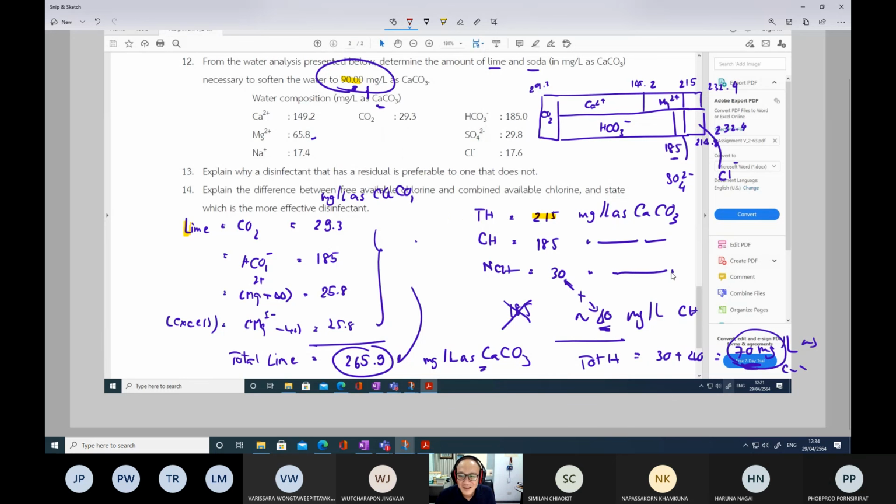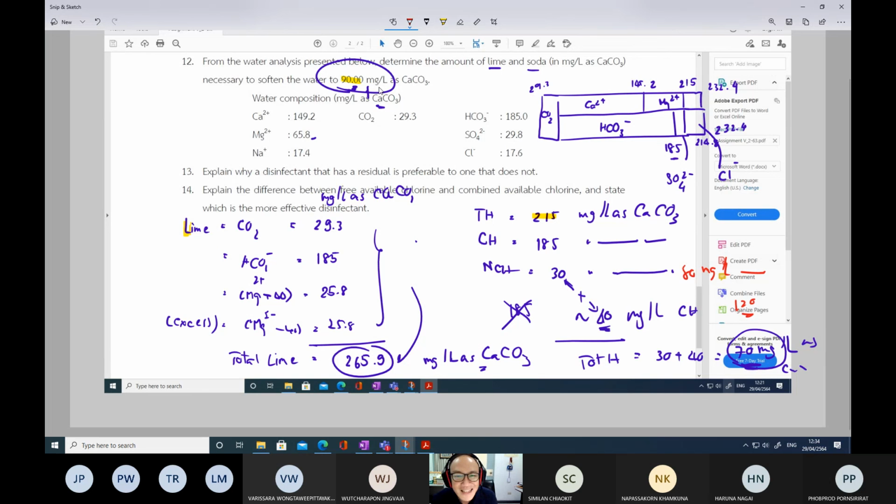But if the non-carbonate hardness were far higher, like 80 milligrams per liter instead, what does it mean? If it's 80 combined with 40, it will be 120.